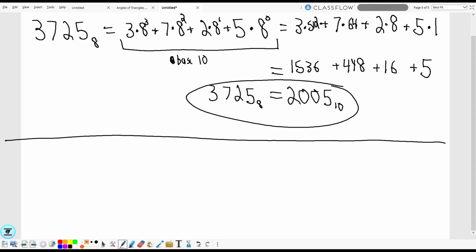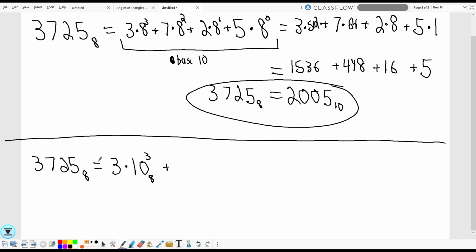So let me explain. Let's take that same number, 3,725 in base 8. If we're thinking of everything in terms of base 8, we would write it like this. 3 times 10 to the third power, but 10 is in base 8, not base 10 like our number system, in octal's number system, base 10.